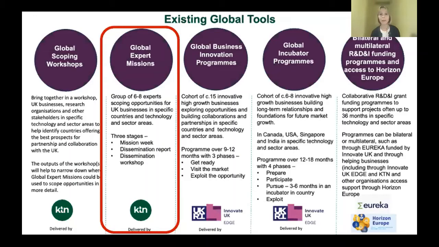We always produce a summary report from our Global Expert Missions, so you can find examples of previous reports on the KTN website. We've got three key aims for the GEMs to distinguish them from the GBIPs: we look to build international collaboration, establish expert insights, inform UK business and government, and also showcase UK capabilities.